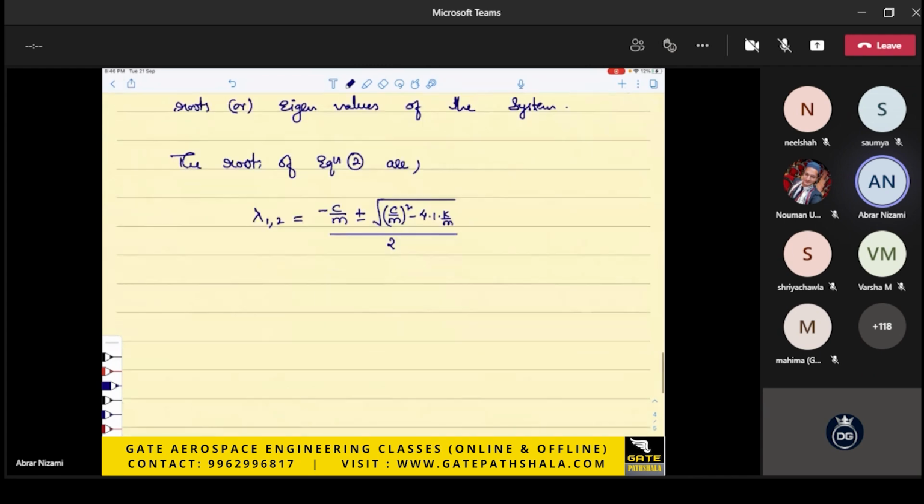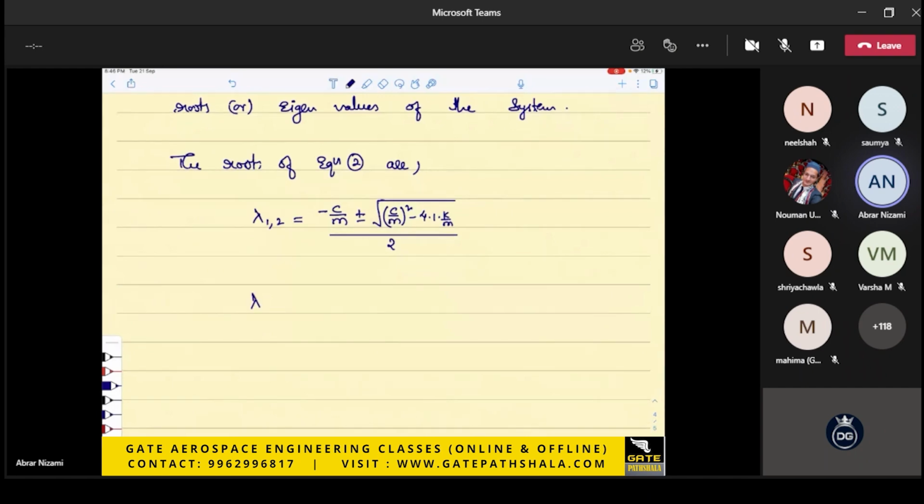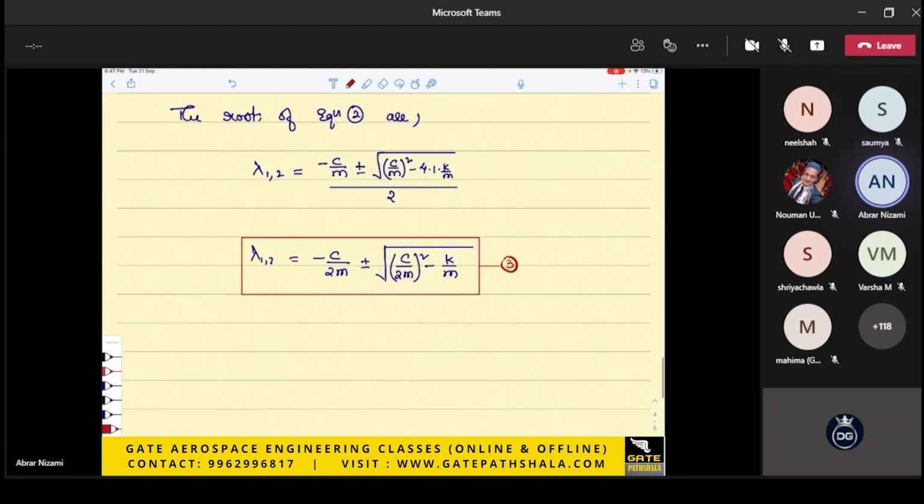A is 1, so you get lambda 1, 2 equals minus c by 2m plus or minus under root of c by 2m whole square minus k by m. Bracket this equation. Hope you all got this root. Call it equation number 3.